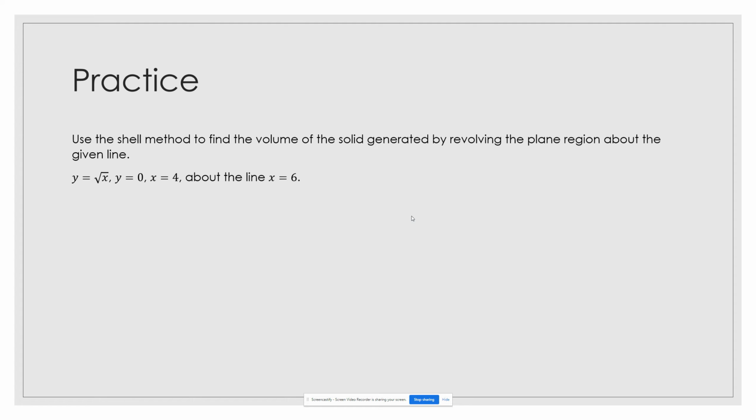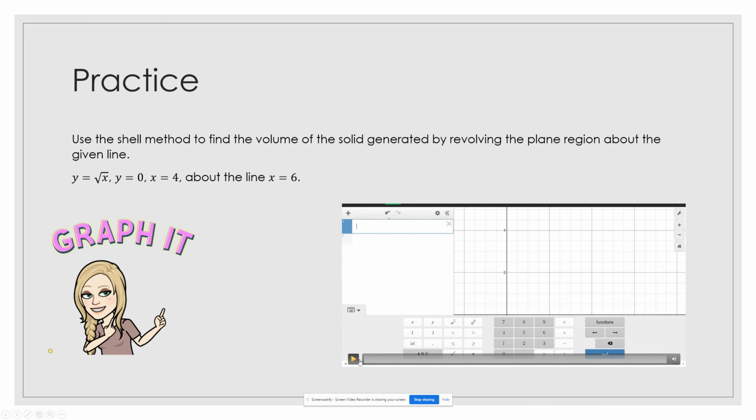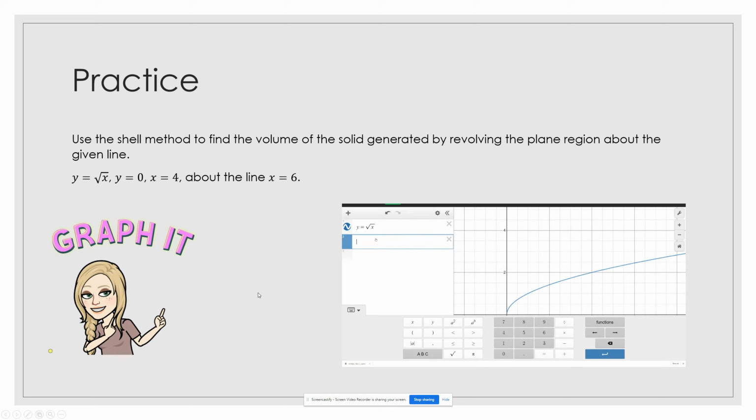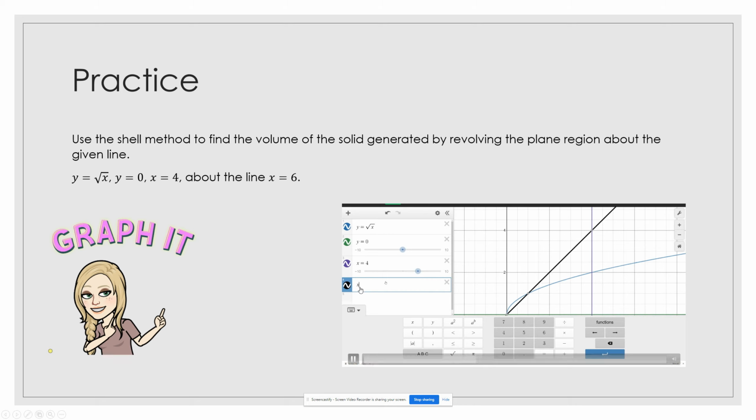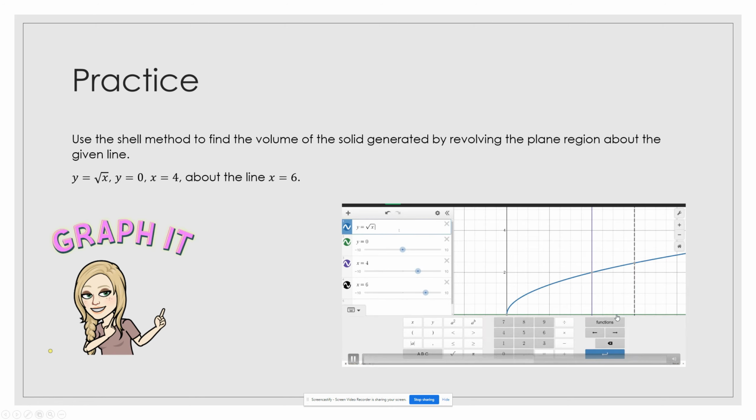And of course, our first step is to graph it. So let's see what this graph looks like. We know what y equals the square root of x looks like, but I love just graphing it so that I can get a really good visual representation. This time we are bounding by y equals 0, so that's not going to hurt us. And then we have x equals 4. That x equals 6, I'm going to put as a dashed line so that we can see where we're at.